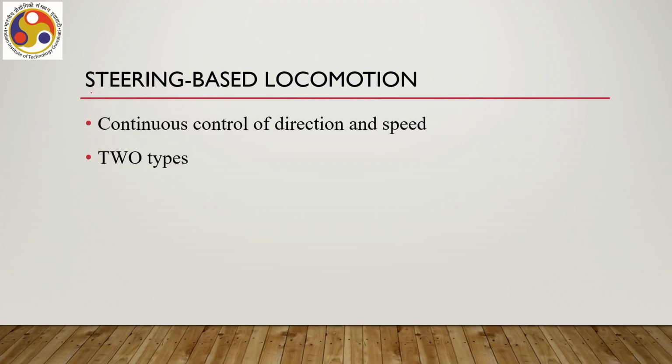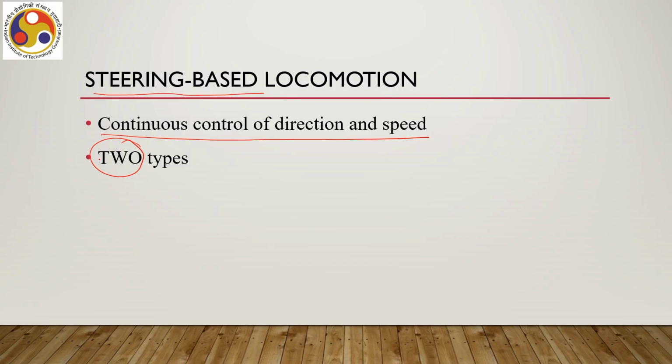Now, all these are part of walking based navigation. The second category of navigation is steering based. It indicates continuous control of direction and speed while the user is moving from one point to another. So, whenever there is continuous control of direction and speed, essentially we can safely assume that the system has implemented steering based navigation.